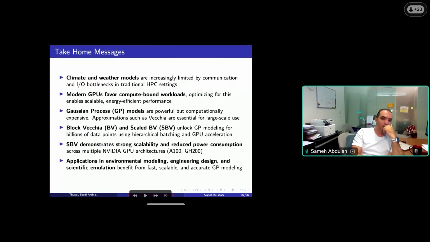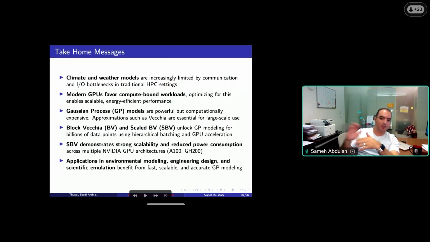And on one GPU, we found that using VK approximation can save more than 99.5% of the power consumption, doing exactly the same thing as the normal MLE. So if we have the same data set using the traditional method and using the approximation method, we can save a lot of power just by using VK approximation.